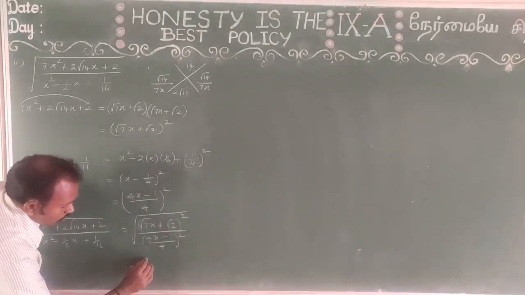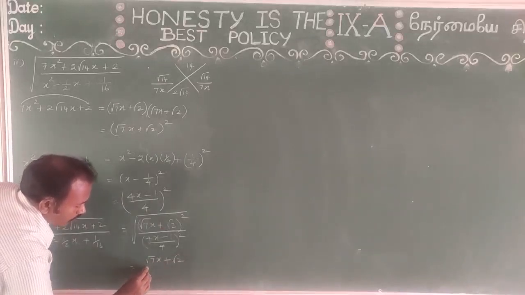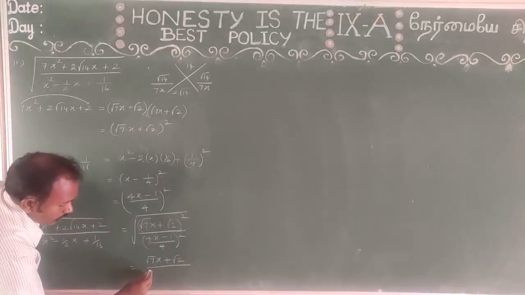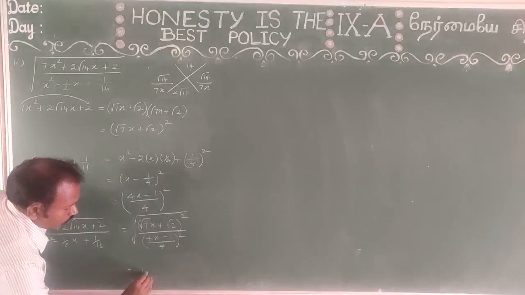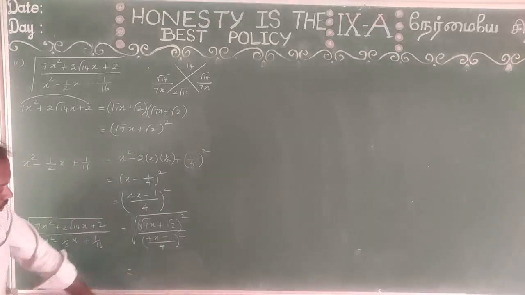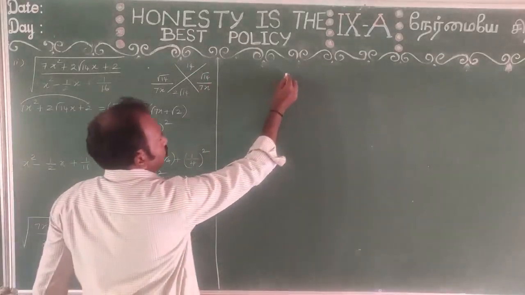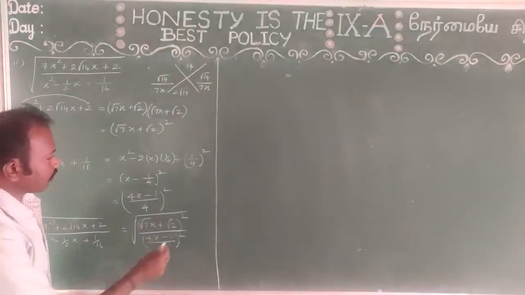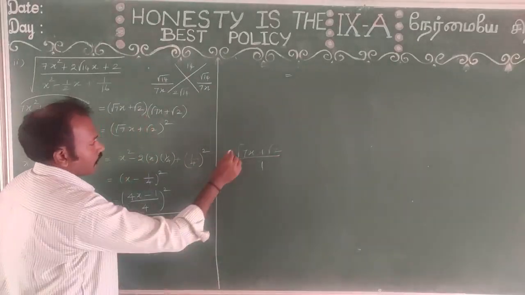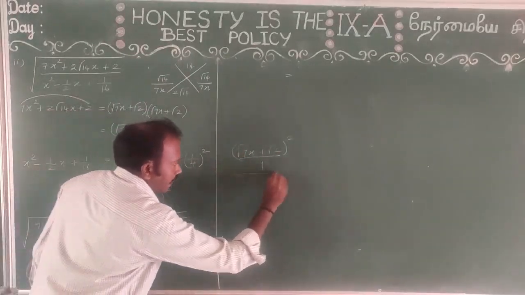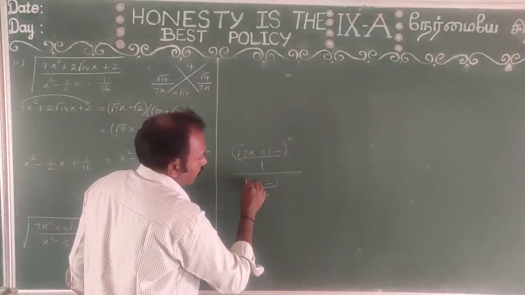That is equal to root 7x plus root 2 the whole square divided by 1, divided by 4x minus 1 divided by 4 the whole square.